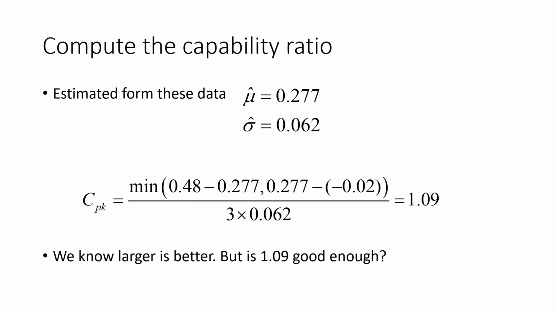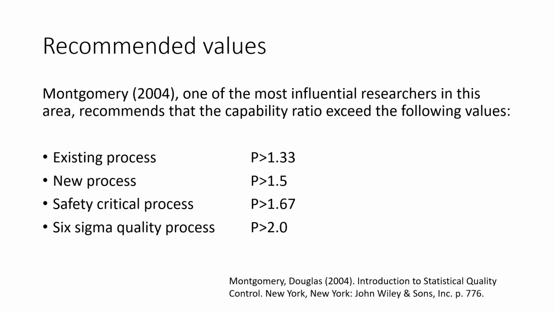Is that good enough? Well, one of the influential researchers or gurus in this area is Montgomery. And he gave the following guidelines. For an existing process, where you have something already working and you don't want to change it unless you have to, he suggests 1.33 or larger is good enough.